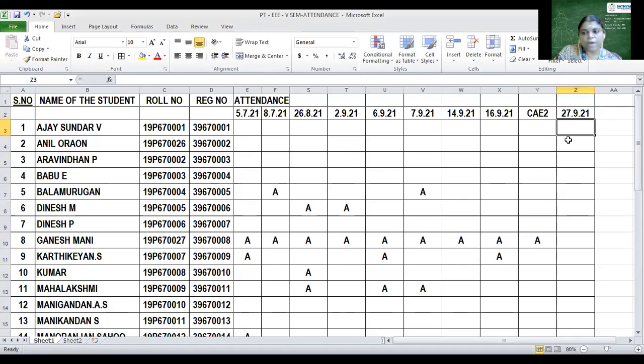Yes, madam. Okay. Ajay Sundar, Present, ma'am. Anil Arya, Present, ma'am. Aravindan, Present, ma'am. Babu, Present, ma'am. Balamurugan, Dineshya, Yes, ma'am. Dinesh P, Yes, ma'am. Ganesh Mani, Karthikeyan, yes.